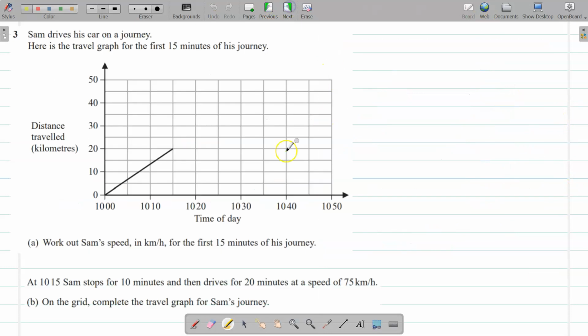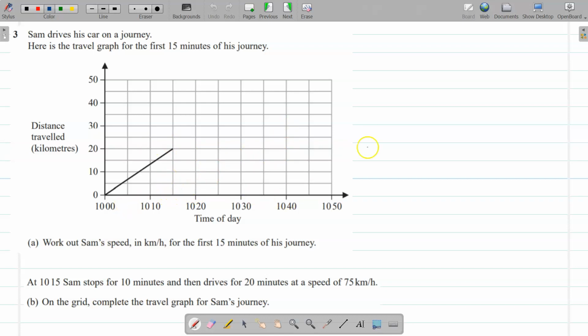Next. Okay, so we've got some information here. This is a travel graph. This is the first part of the journey. We've got to work out Sam's speed. Well, he travels, or she travels 20 kilometers in 15 minutes, from 10 to 10:15.